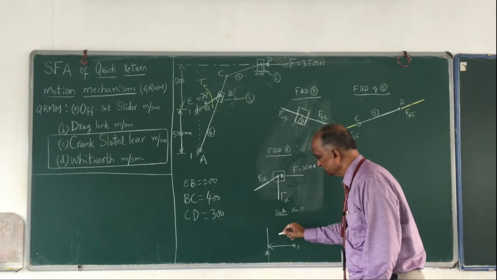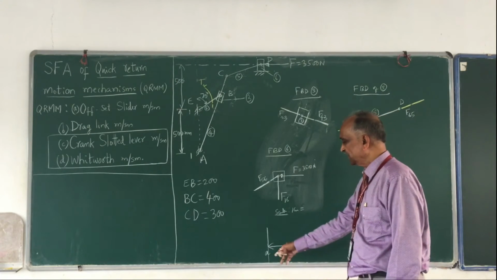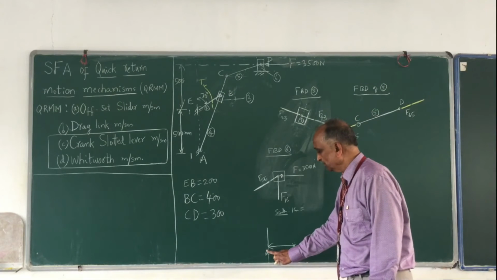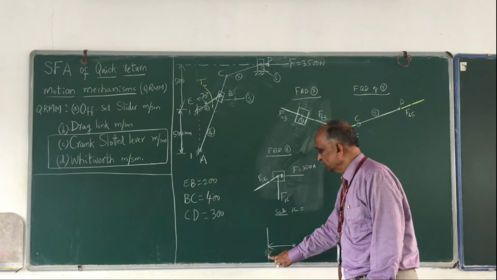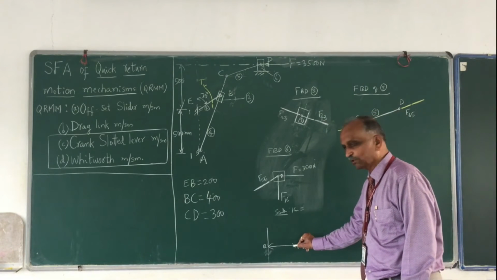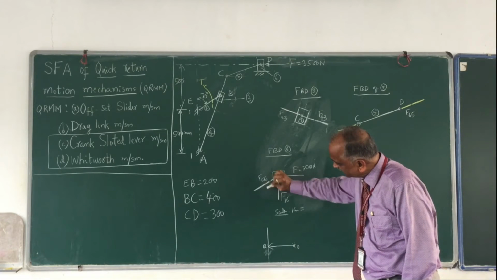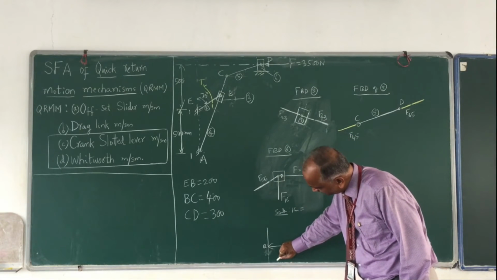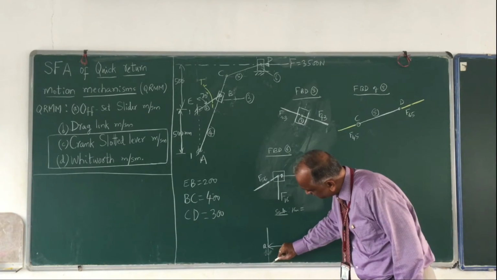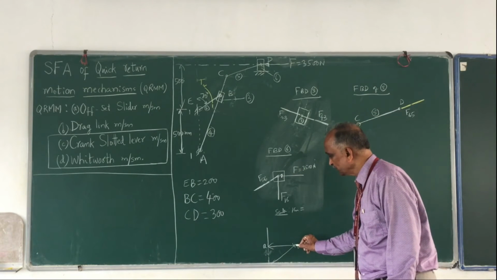I know at the tip of the second force I have to draw the third force, but I don't know the tip of the second force. But I know the tip of the third force, where it is going to be. The tip of the third force is going to be here. Starting from here, draw a line parallel to this and draw a line like this.